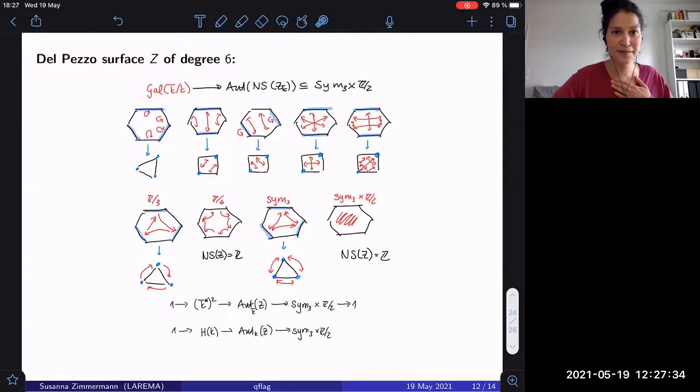This is an older result, and it is true in any dimension. The maximal torus in the Cremona group, there's just one. They're all conjugate. Thank you.